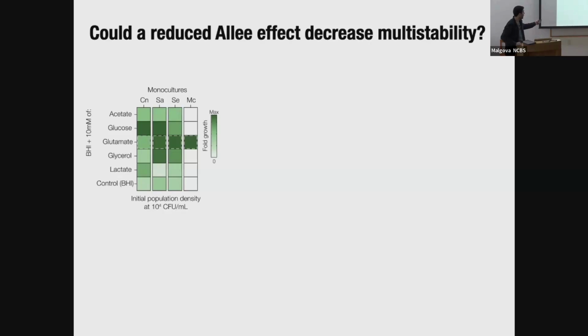And what he found is that in this case, glutamate was a good candidate to inhibit the Allee effect, because all three species that were exhibiting the Allee effect will grow better if the medium was also supplemented with glutamate.